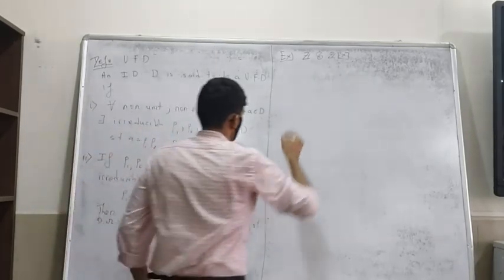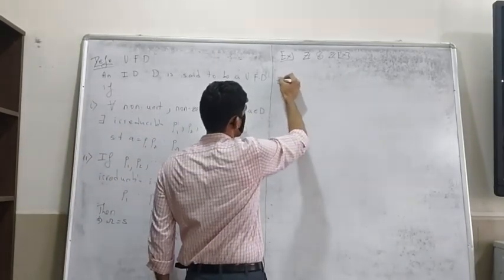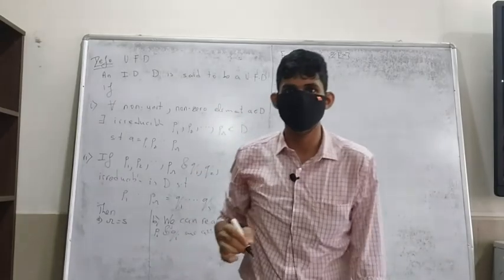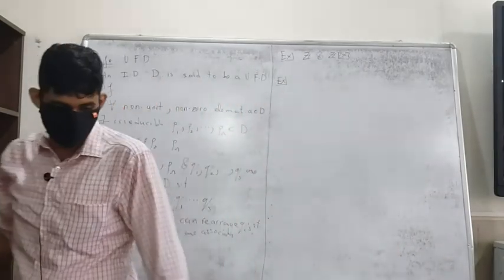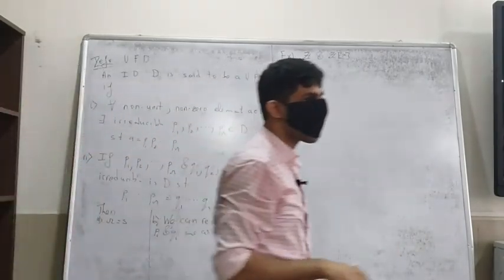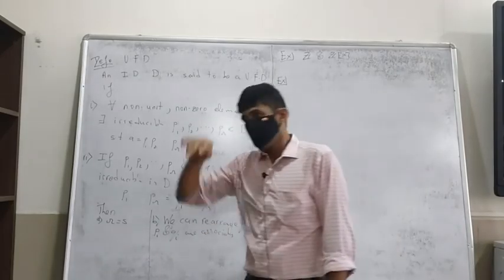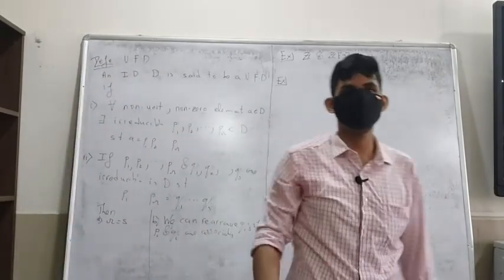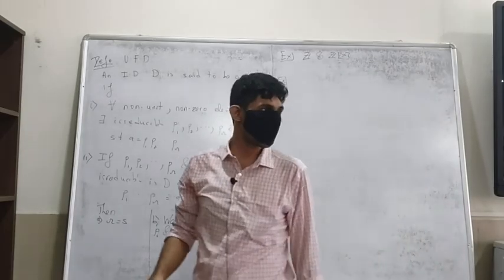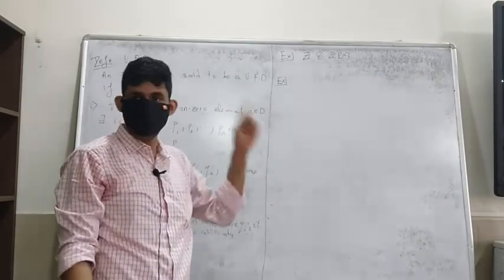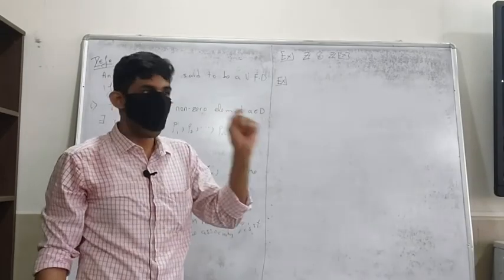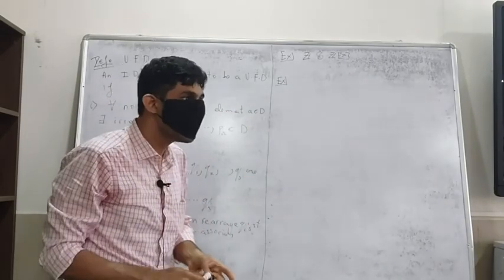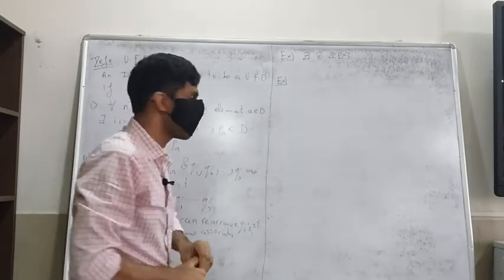And there is another interesting thing in UFDs. Another interesting exercise in UFDs is that every irreducible in a UFD is a prime. So UFDs have the same property as PIDs, that an element is a prime if and only if it is irreducible.